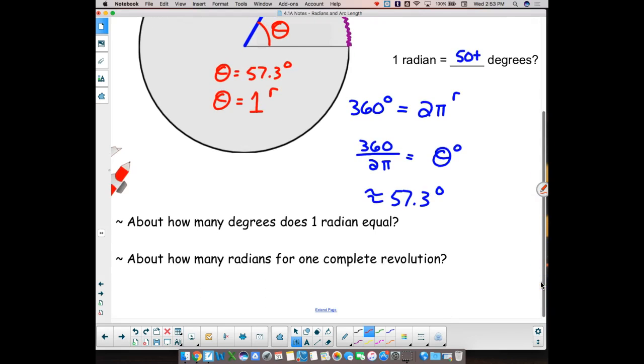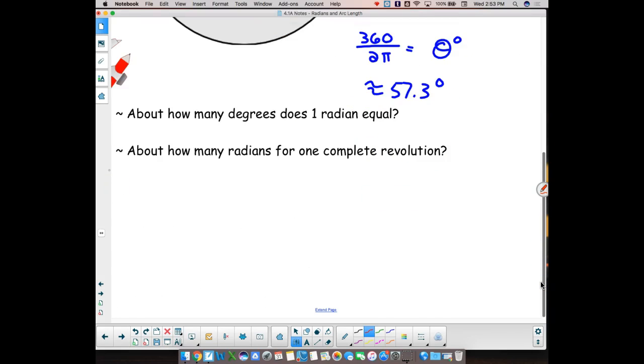How many radians does it take to complete 1 revolution? Well, it takes 2 pi radians to go all the way around a circle. Okay?